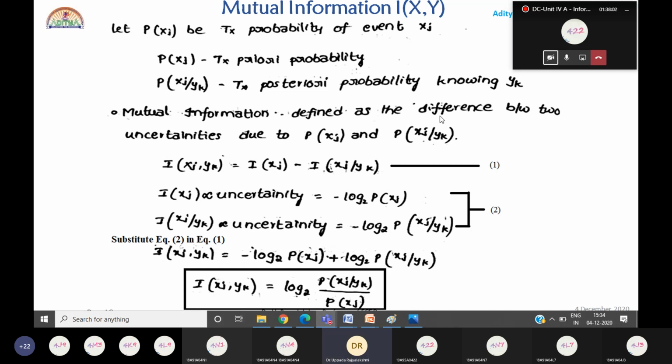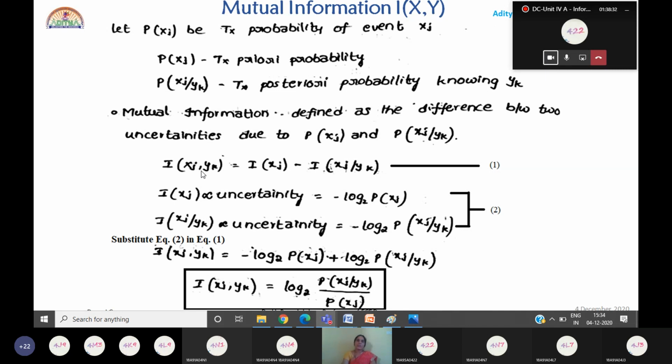It is defined as the difference between two uncertainties due to priori probability. What is the priori probability of transmitter? P of xj. And what is the posteriori probability of transmitter? P of xj by yk. So the difference between the two uncertainties is generally defined as the mutual information.